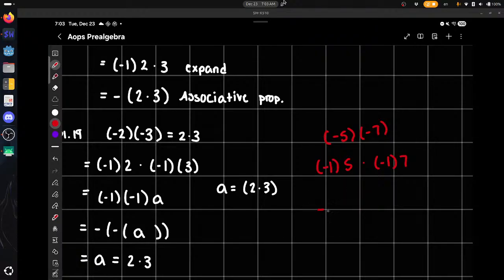And then we're just left with 5 times 7. Okay, I get why a negative times a negative gives you a positive, because you get a double negation.